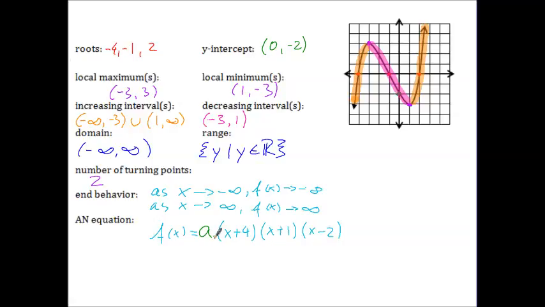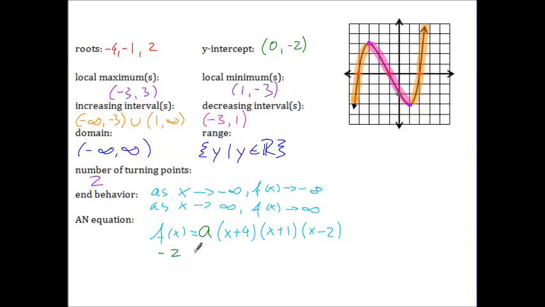Well, we are going to use the y-intercept to give us the information to solve for a. If the y-intercept is at (0, -2), then we're saying where x is 0, y has to be -2 for this function, and we can use those two numbers to plug them into our equation and solve for a.